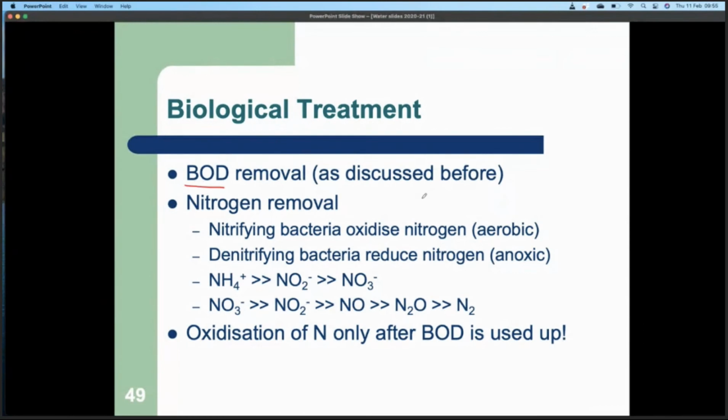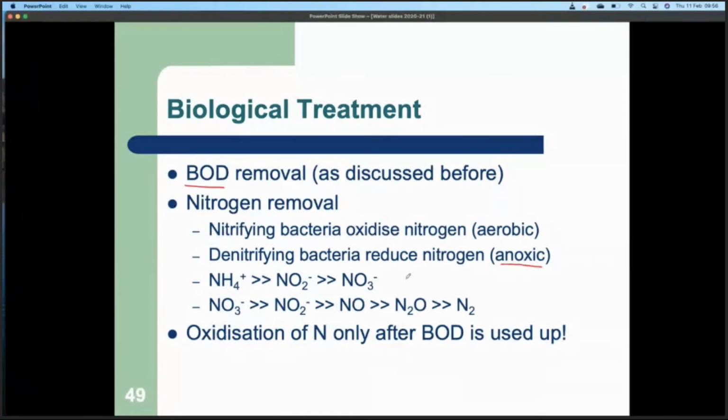Then it can also do nitrogen removal, and this is where the anoxic bacteria come in. So if you look at this in a little bit more detail, what you find is that nitrogen enters sewage works primarily in the form of ammonia. It could also be urea, but that doesn't really matter quite so much. So say ammonia, NH4+, and you have the nitrifying bacteria.